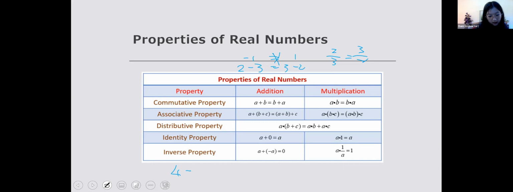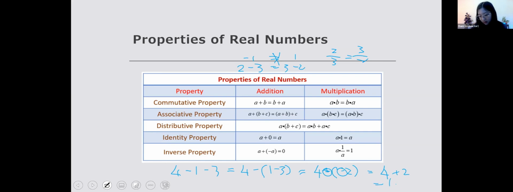4 minus (1 minus 3). Is it equal to (4 minus 1) minus 3? We know from the previous slide that we do calculations within the parentheses first. So this will turn into 4 minus negative 2, which will be essentially 4 plus 2, because two minuses make a positive.